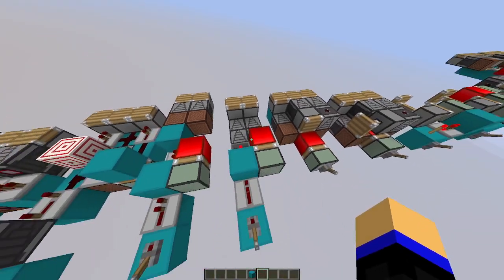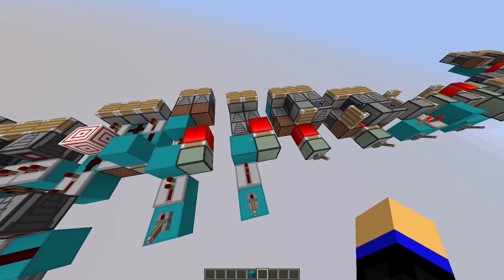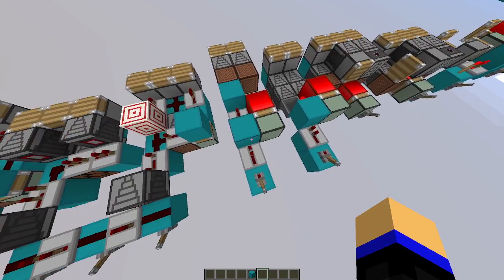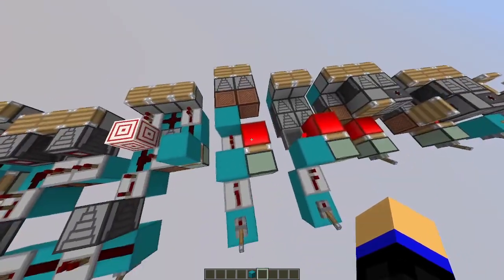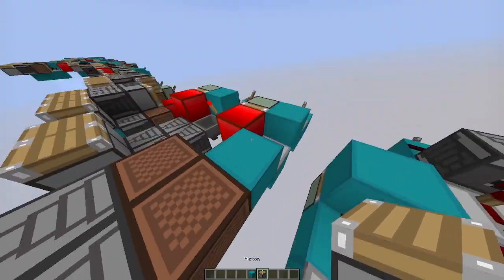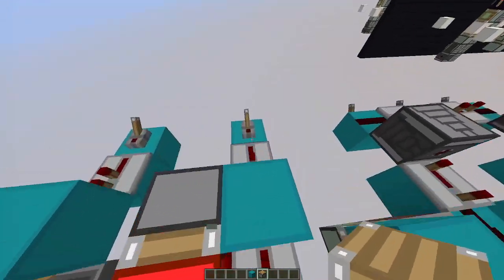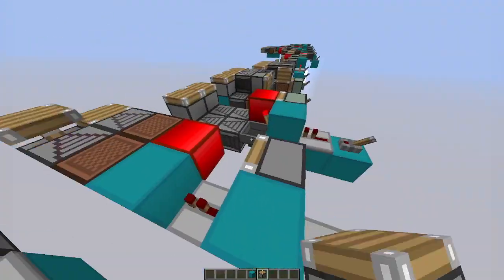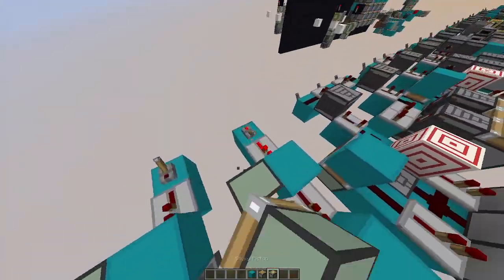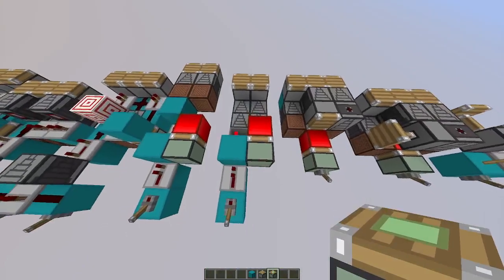So yeah, and it's also similar to a normal piston extending a block. So if you replace this with a normal piston, it actually behaves the same. So it doesn't have to be a sticky piston, but then only sticky pistons can retract blocks. So that's the difference.